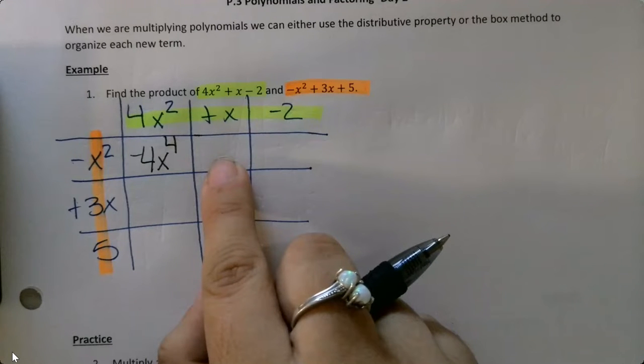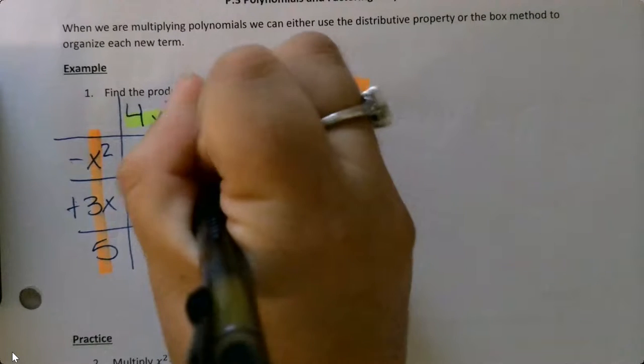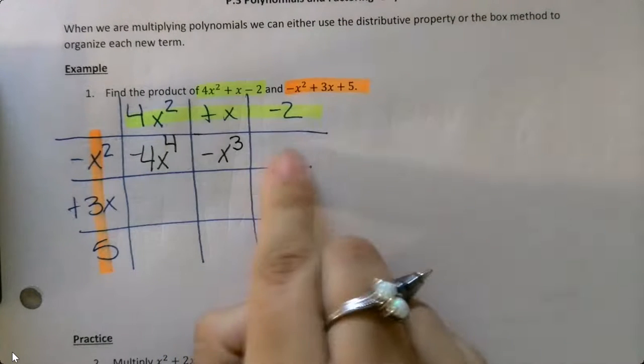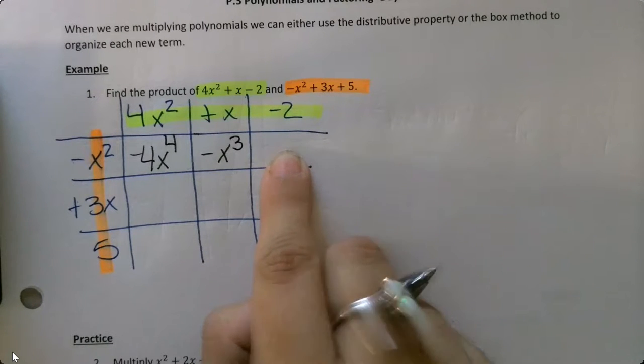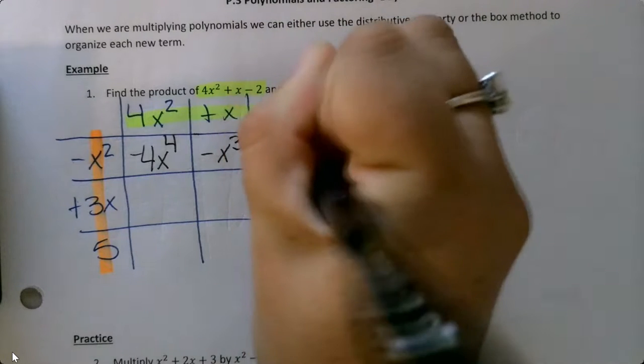So negative x squared times x, negative x cubed. I'm multiplying in each of these squares. So I have negative x squared times negative 2, 2x squared.